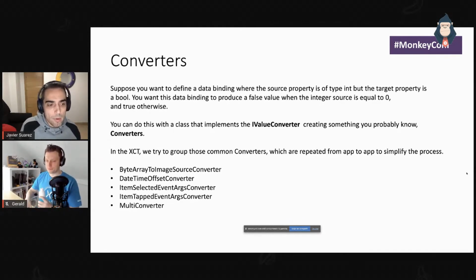So today in the toolkit, we have several converters, like, for example, convert from a byte array to an image source, convert from a date time to an offset, or then we have more complex converters, like being able to do item tapped event and map a command, or a multi converter. That is probably the most complex option that we have today so far in the toolkit, that allows you to set different conditions in XAML.